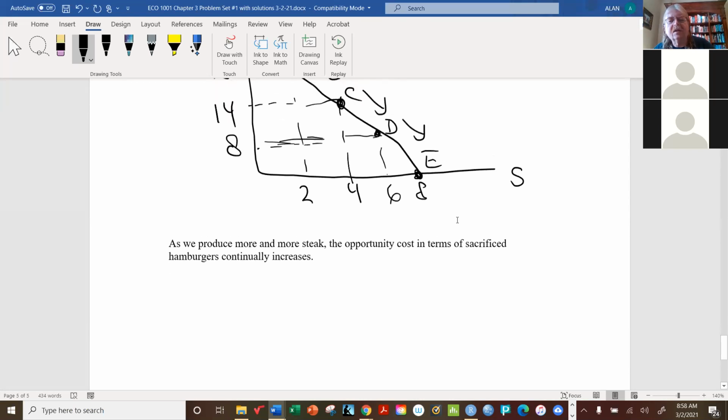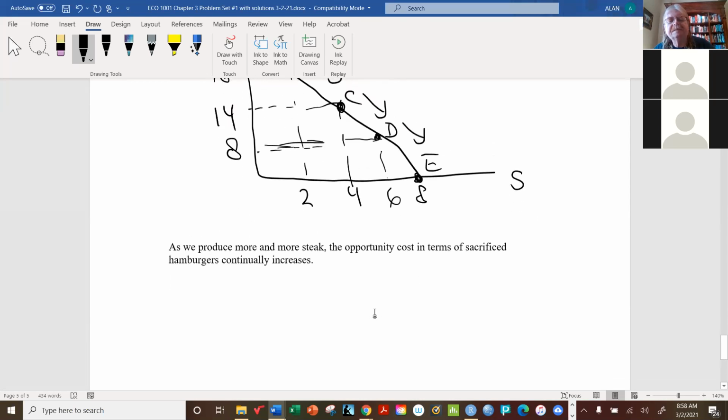Okay, because it's a curve, this has to happen. And again, I'll just make a note here. This is true of all curved production possibilities frontiers.